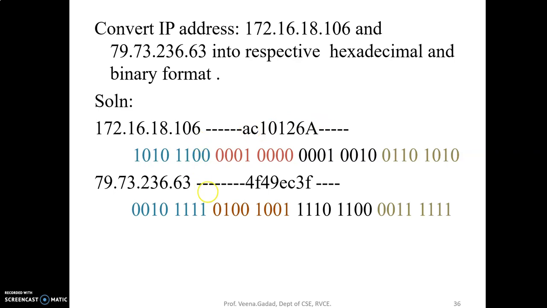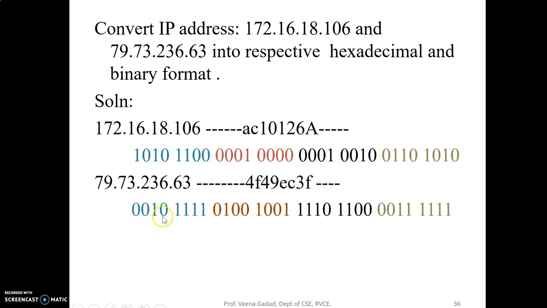The binary form is 172 in binary, 16 in binary, 18 in binary, and 106 in binary. Similarly, 79 is 4F, 73 is 49, 236 is EC, and 63 is 3F.